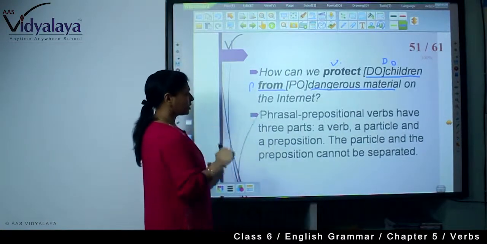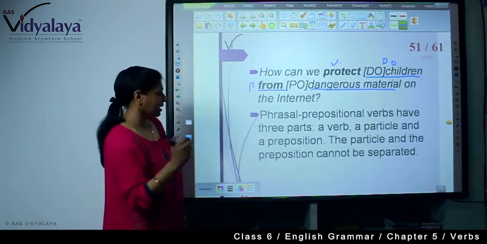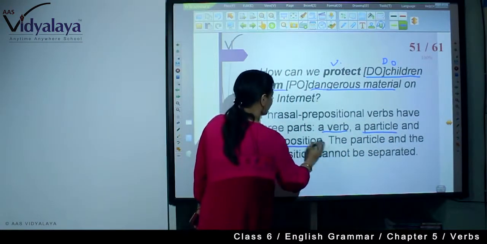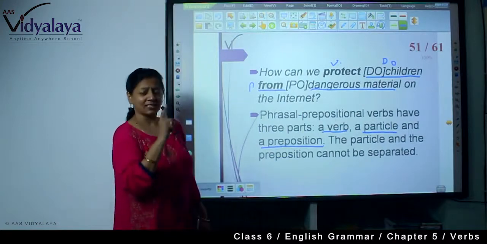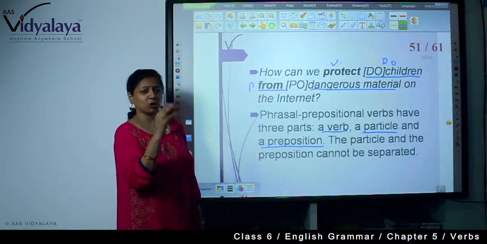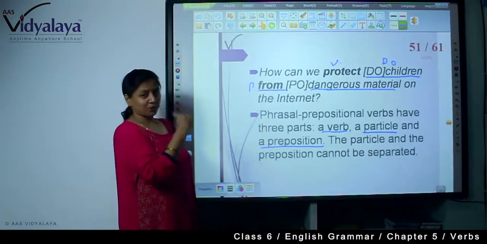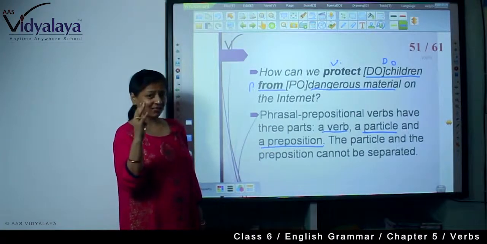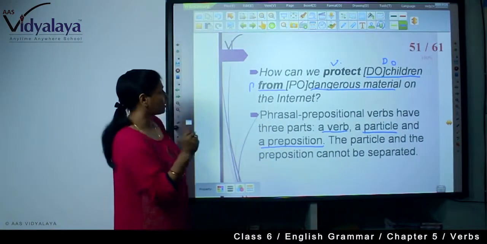Now, phrasal prepositional verbs have three parts: a verb, a particle, and a preposition. Then phrasal verb, earlier you have seen verb with preposition or an adverb. In the prepositional phrase, you have seen that they are transitive and intransitive with an object also.